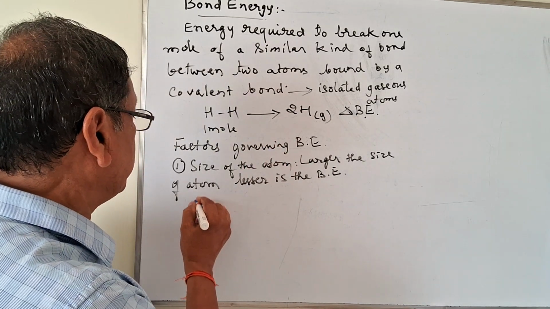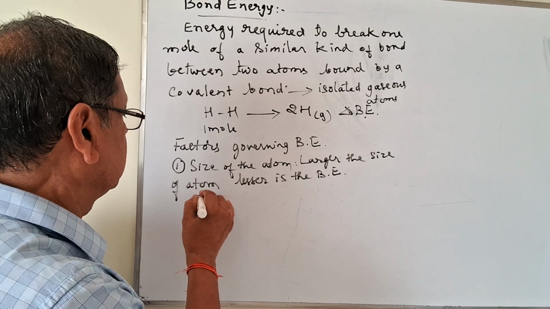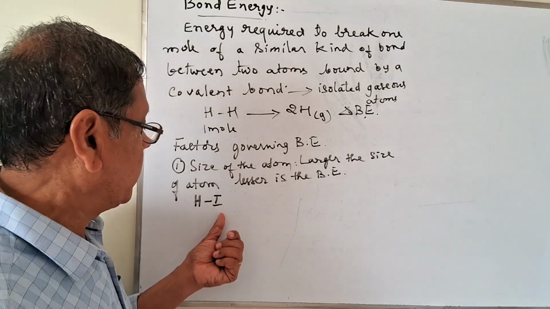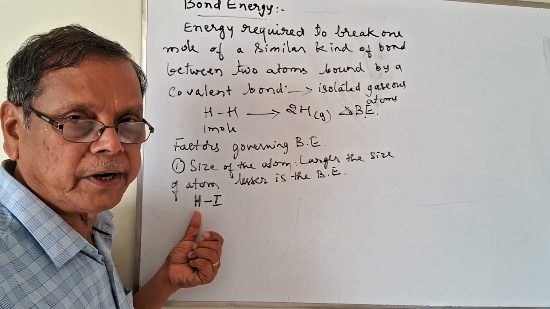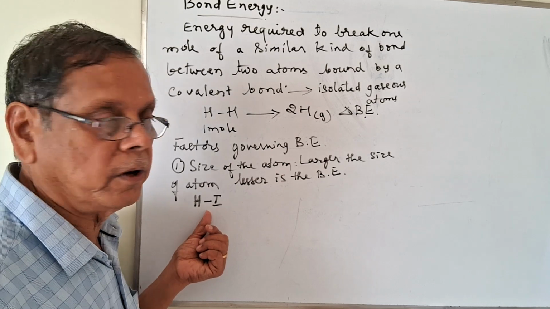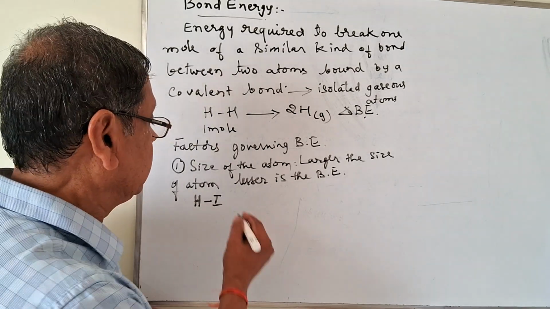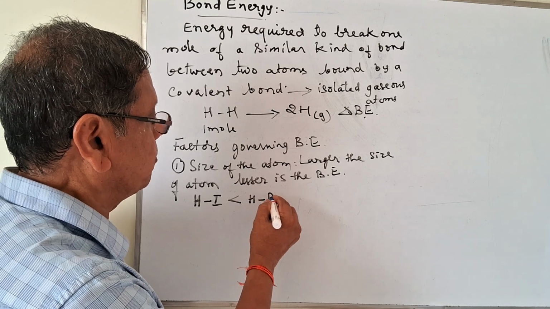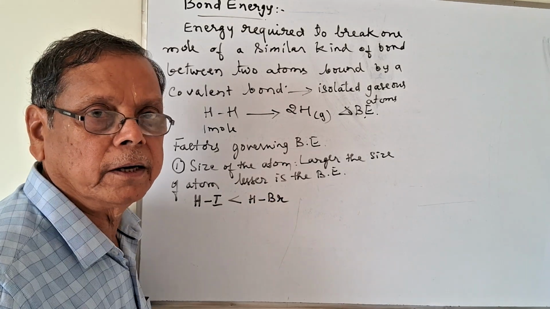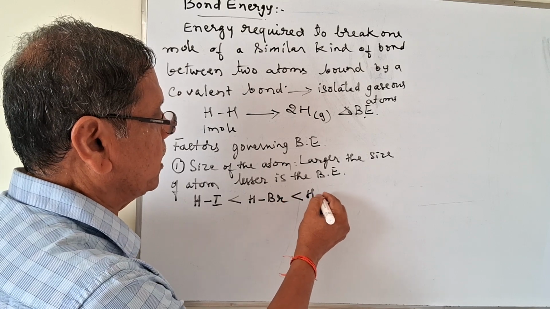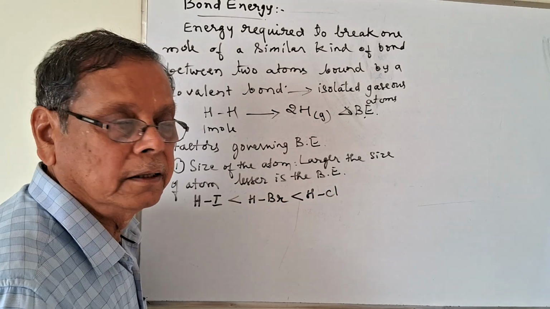Suppose you consider the bond between the hydrogen atom and a halogen atom like iodine. Since iodine is larger in size as compared to hydrogen atom, the energy required to break this 1 mole of hydrogen iodide bonds is smaller as compared to the energy required to break the hydrogen bromine bond. Similarly, this in turn is less as compared to the hydrogen and chlorine bond.